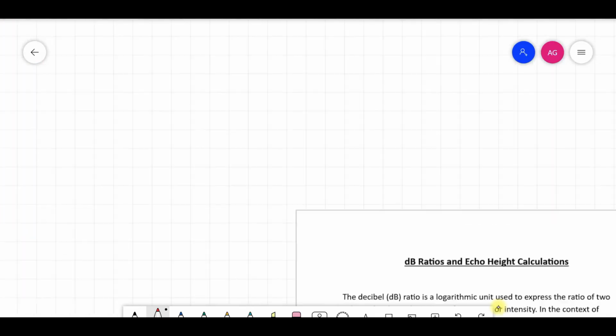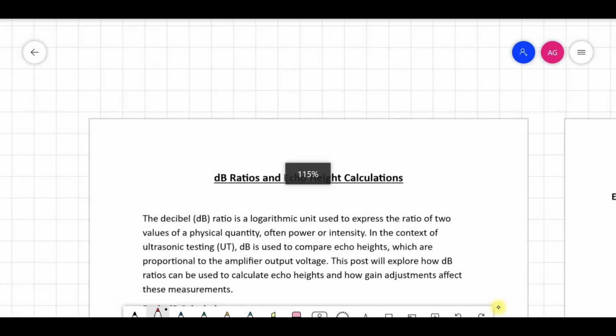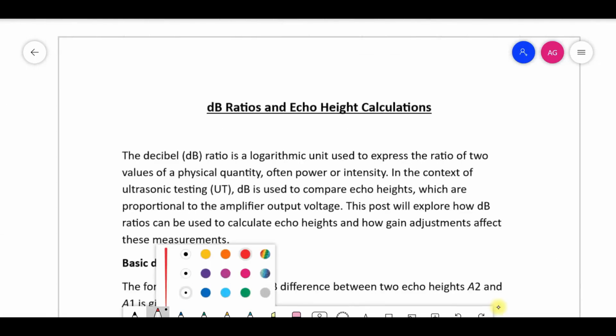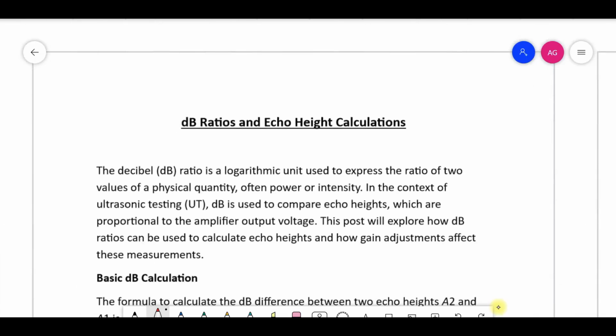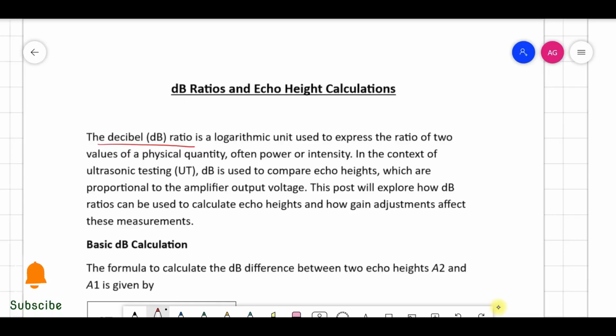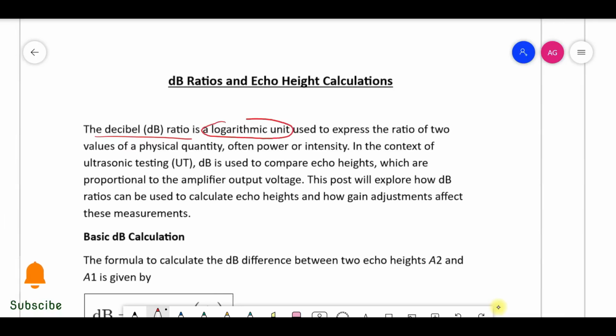So, here we'll see in detail how the dB ratio works, and how the echo height is calculated based on it. The decibel ratio is a logarithmic unit. First of all, it's a logarithmic unit. So, whenever you want to calculate it, you should know how to use log or antilog in a calculator.